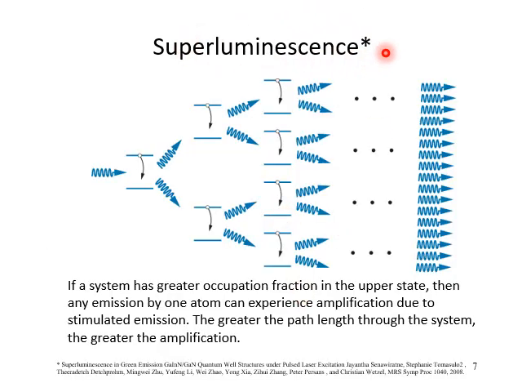There is a process called superluminescence, where if we actually have more atoms in the upper state than in the lower state, then when a photon comes into that system of the right energy, it can stimulate emission. Then when that occurs, two photons come out. They actually come out parallel to one another in one macro state, but two photons come out.